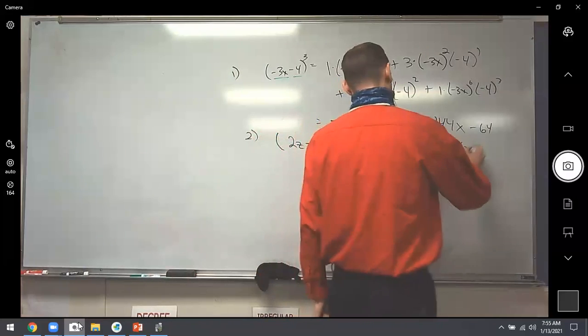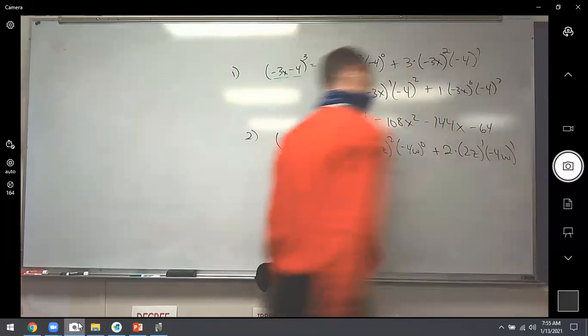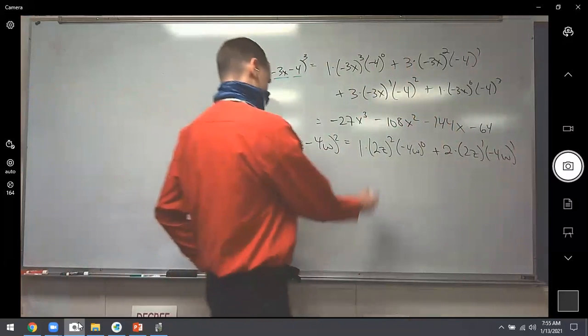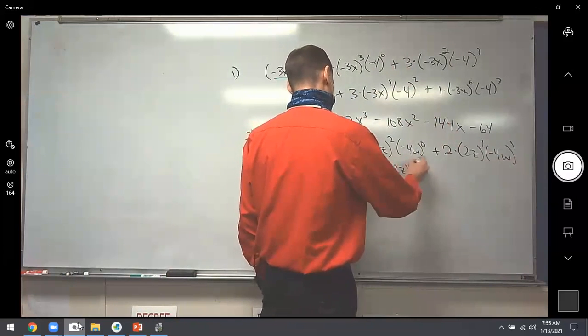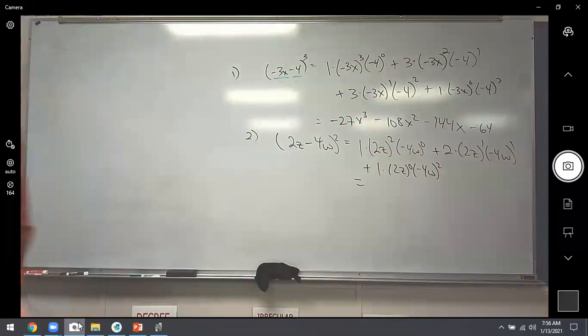Now it's got 2z raised to the first. That went down an exponent, the negative 4w went up an exponent to be a 1. And then you got yourself another 1 on the end of your pattern, and finally the 2z is raised to the 0, and then negative 4w is squared. Note the parentheses. Parentheses are very, very important.